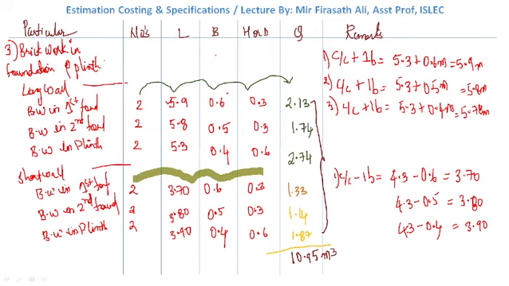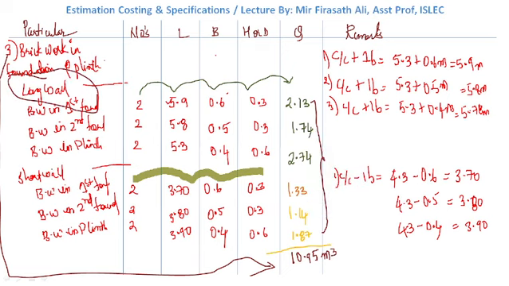This 10.95 is nothing but the quantity of brickwork in foundation and plinth of long wall and short wall together. Here we have the long wall, and here we have the short wall. For both, brickwork in foundation and plinth can be found out by this method, and it stands to be 10.95 meters.